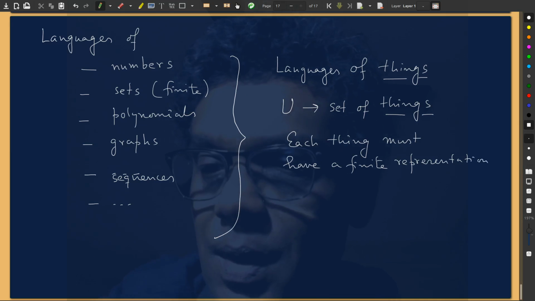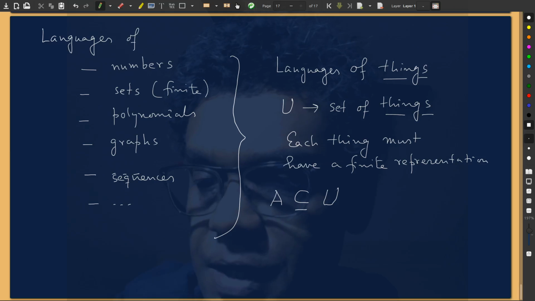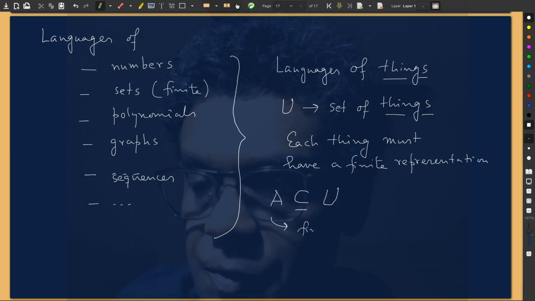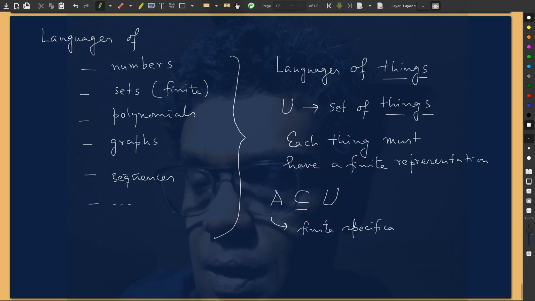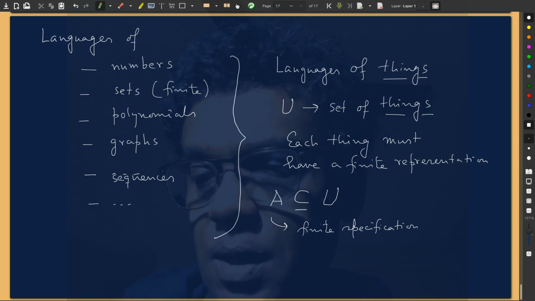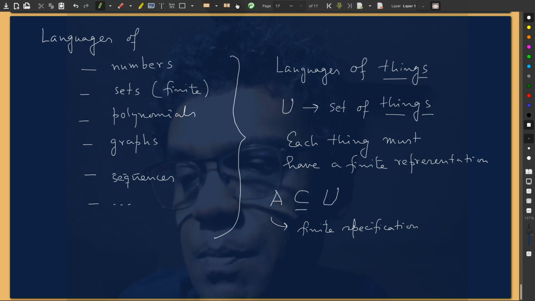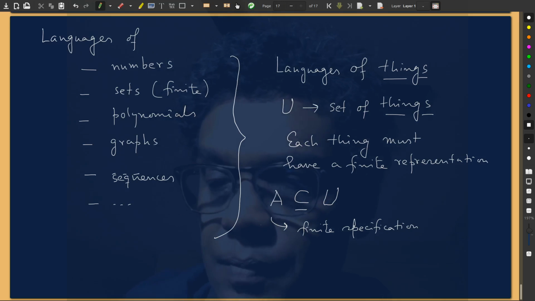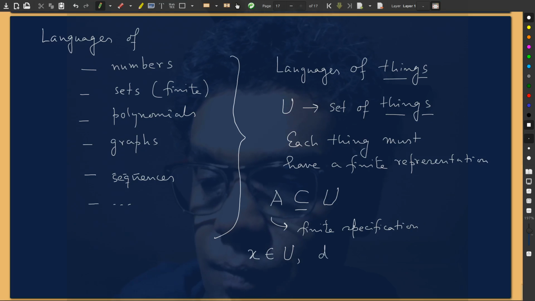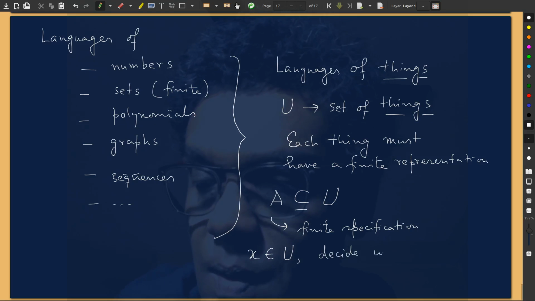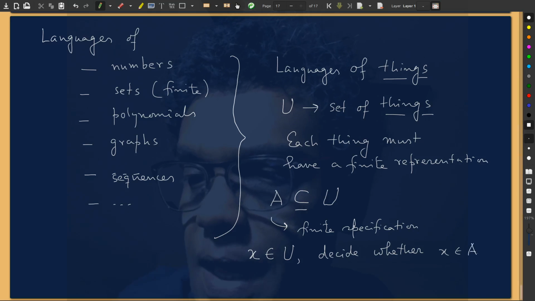Then you are given a finite specification of a subset A, using one of the techniques: English language, or rules, or a procedure, or some algorithm machine. And then if you are given an x in U, decide whether x is in A.